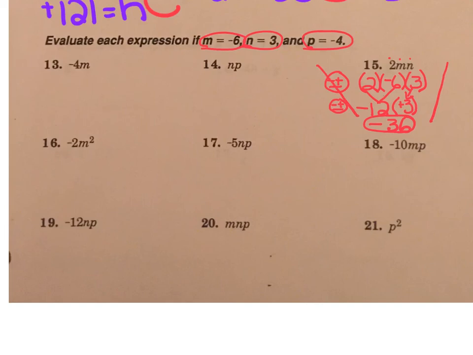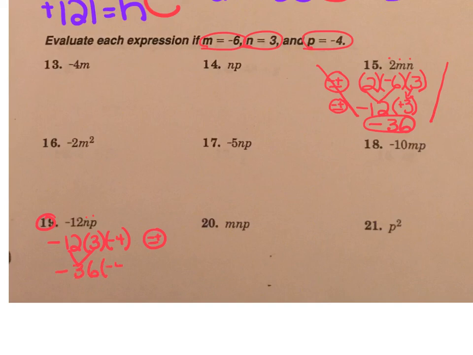Let's take a look at another one. Let's go to problem number 19. Negative 12 times N times P. N is positive 3 and P is negative 4. Let's multiply. A negative times a positive. Well, we know, according to Margar, when the signs are different, we get a negative 36.